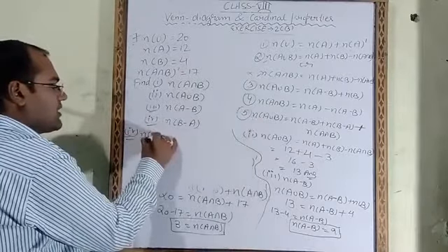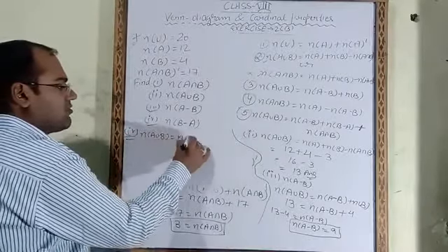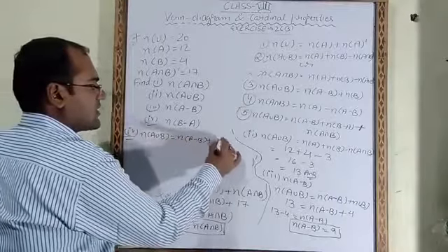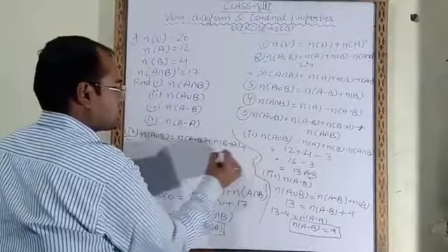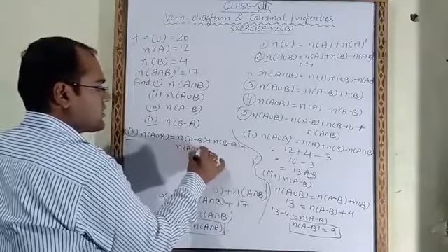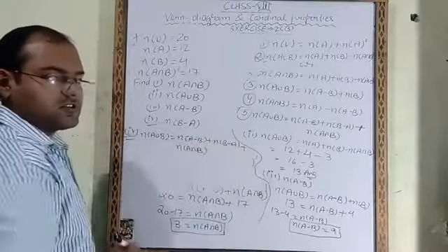What is the formula? n(A union B) is equal to n(A minus B) plus n(B minus A) plus n(A intersection B). This formula we will use.